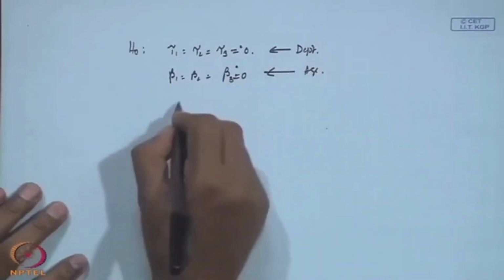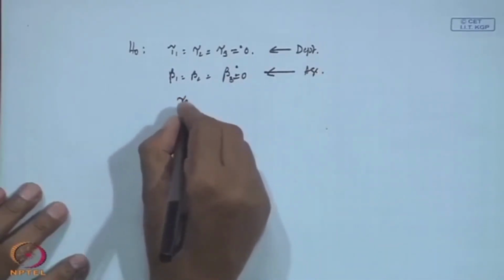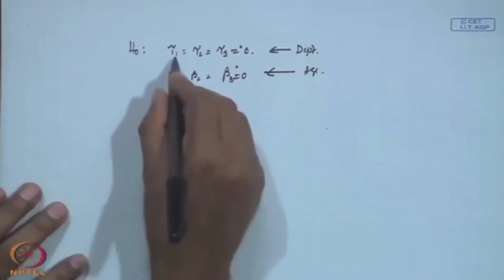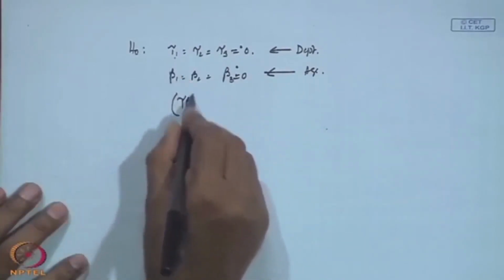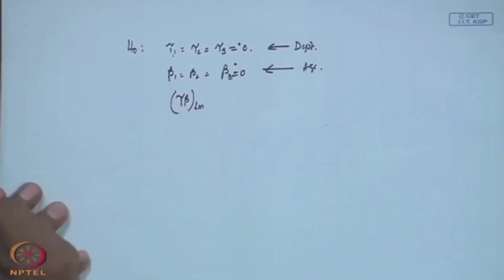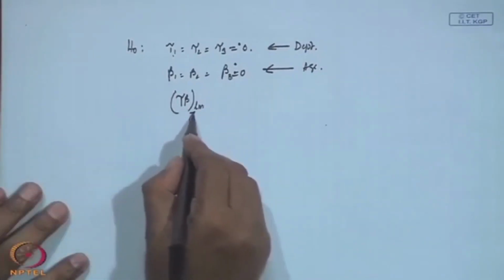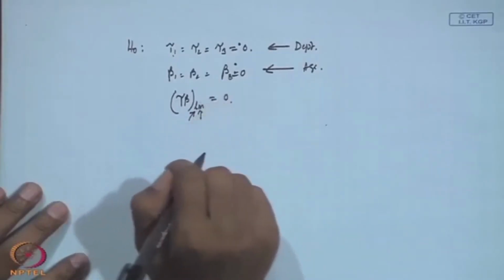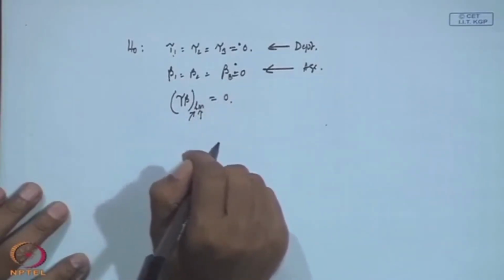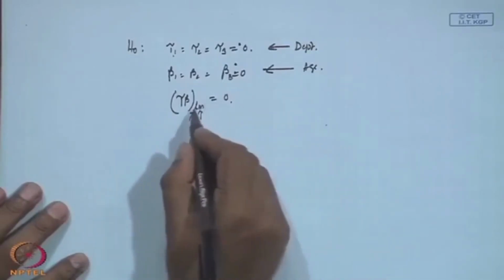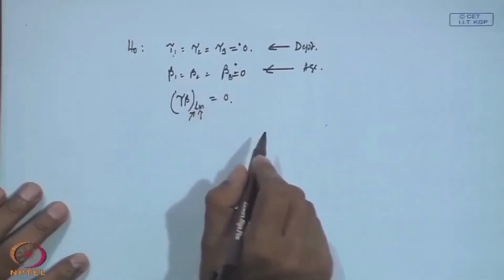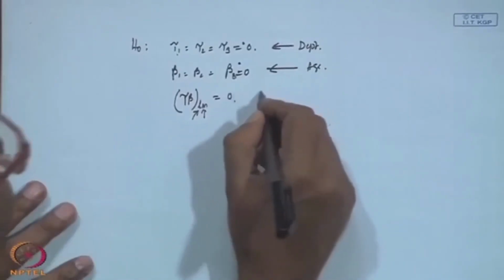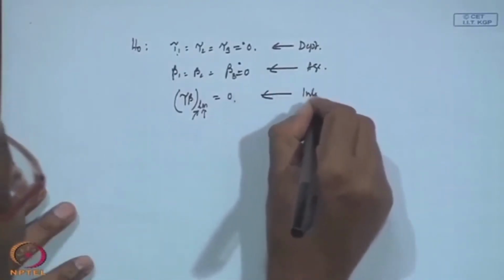Now, similarly, tau beta LM, where L stands for the department and M stands for the age, that also will become 0. That combination, tau beta LM, all of those will be 0. Why is this coming? This is coming because of the interaction point of view.